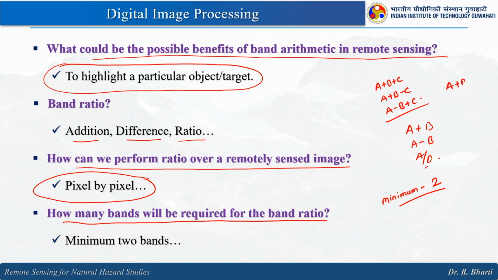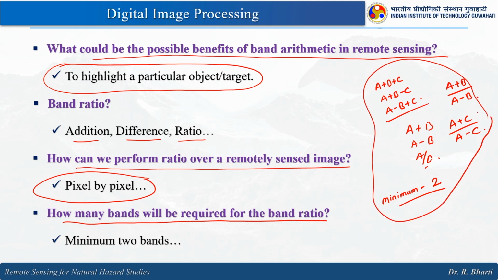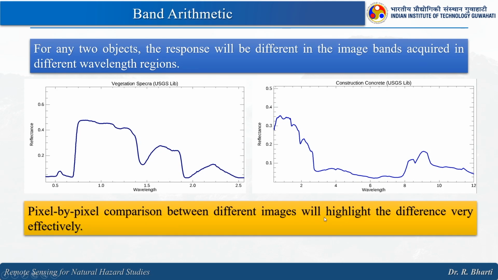You can also have A plus B divided by A minus B to normalize it, or A plus C divided by A minus C. This kind of combination is allowed in band arithmetic when we use remotely sensed images. This will give you more idea about why we go for band arithmetic and how it enhances the object, right.